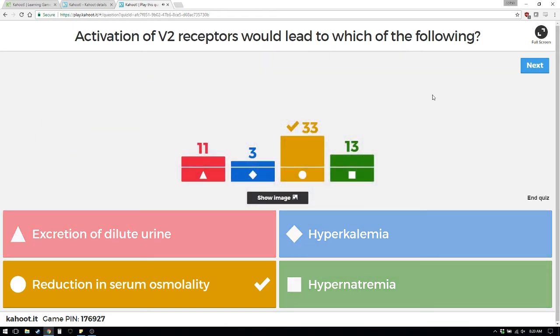Reduction in serum osmolality. Okay, so why is it not excretion of dilute urine? Yeah, that's what happens when you have someone with diabetes insipidus. They can have a central problem where they're not releasing a lot of ADH, or a kidney problem where the V2 receptors are not being activated appropriately.